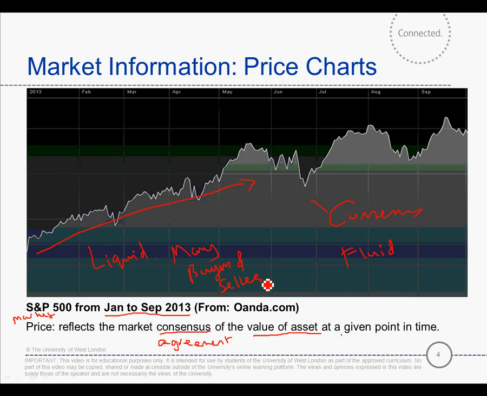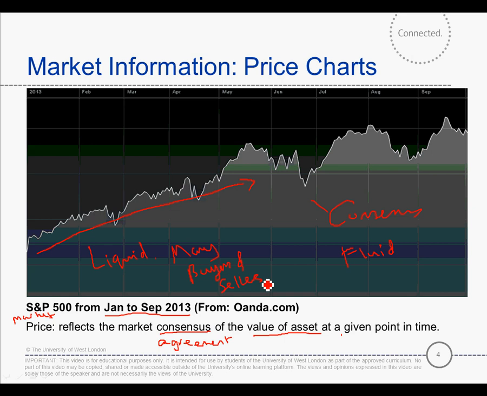So the liquidity of the market is determined by, if you have something to sell, can you sell it easily? Will there be many buyers willing to buy it? And if you got many buyers, they'll be bidding for it. One will be coming up with one price, another will be coming up with another price, and the agreed price is the price where the buyers and sellers agree. Right?